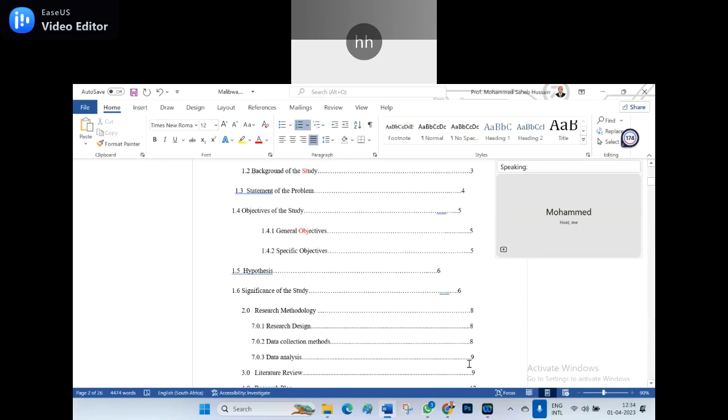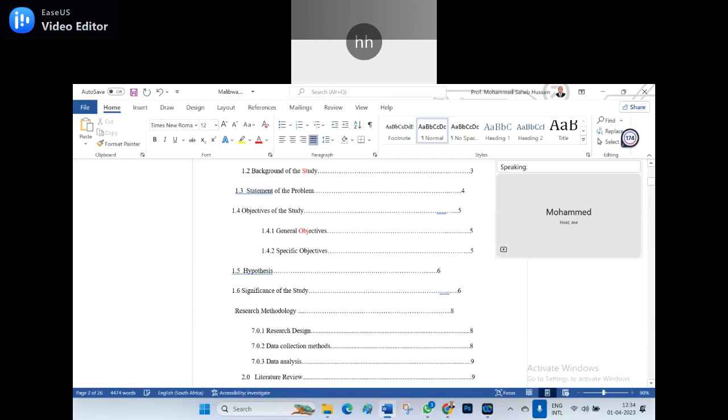Then it becomes 1.7 research methodology. And then this becomes 1.7.1 research design, because these are all one research design.